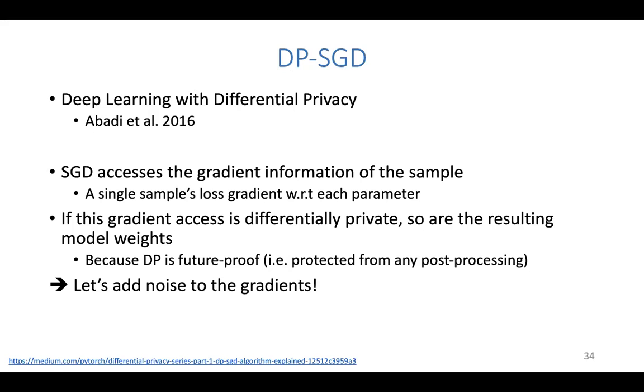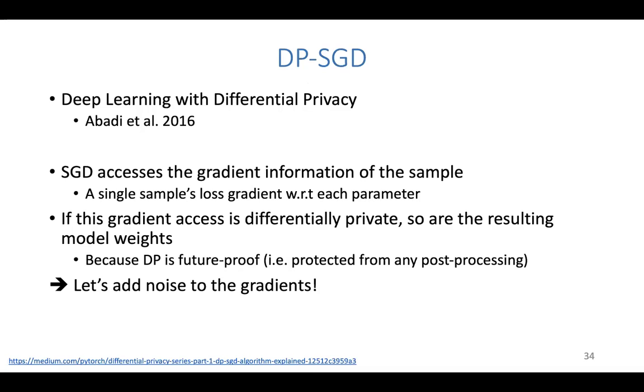When you train a machine learning model with DP-SGD, then your model weights are epsilon differentially private. That is what DP-SGD is made for. So the notion behind DP-SGD is that SGD accessing gradient information is seen as a querying.